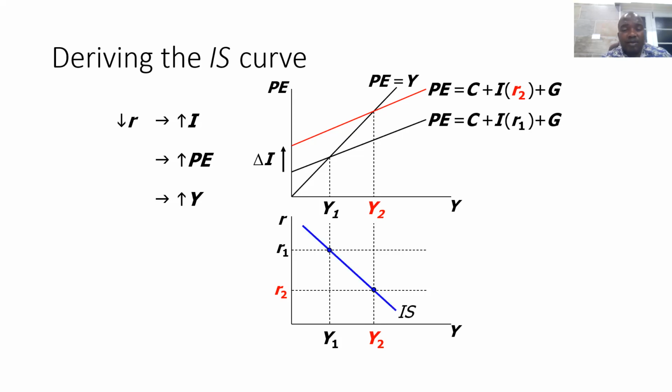So when we connect the 2 points that we have marked in the lower panel, we get to the IS curve, which is sloping downwards. Basically, R is not represented in the top panel of this graphical exposition. It's only displayed explicitly in the lower diagram, because that's where we want to derive the IS curve.